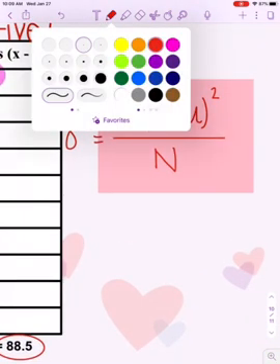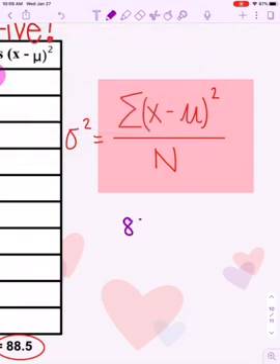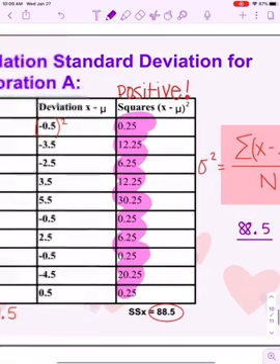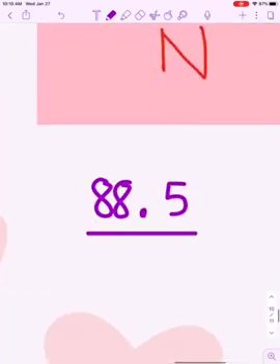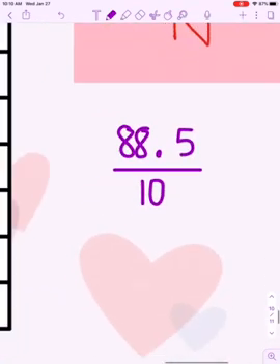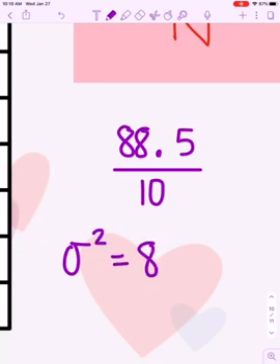So we take 88.5, which is my sum of squares, and I divide it by however many numbers I have, which is 10. 1, 2, 3, 4, 5, 6, 7, 8, 9, 10. Okay, divided by 10. So my variance is 8.85.